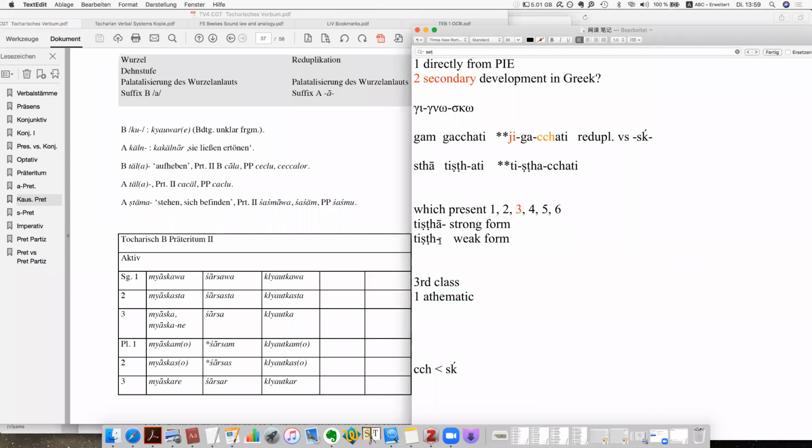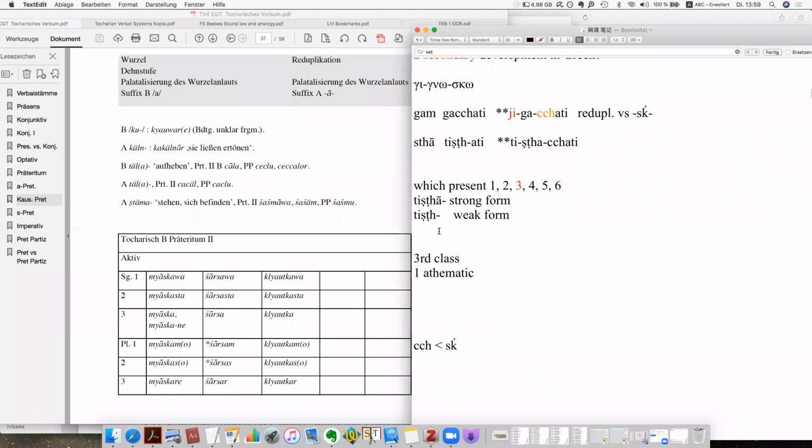So originally, we have the asematic form, right? But what happened in Sanskrit? In Sanskrit, they just take the weak form and then make it into a sematic. So this is the reason why we have in Sanskrit tishthati.